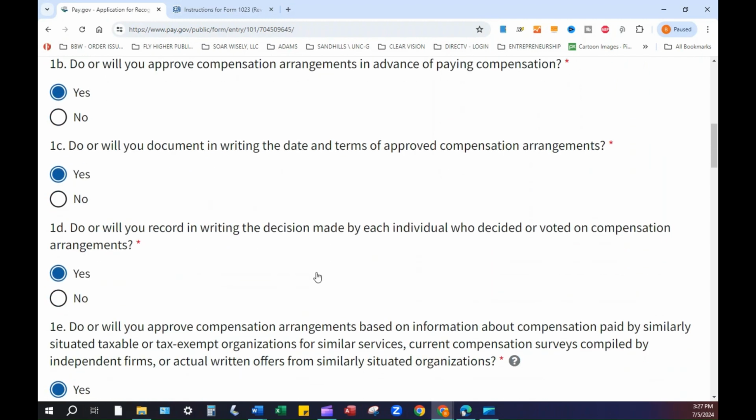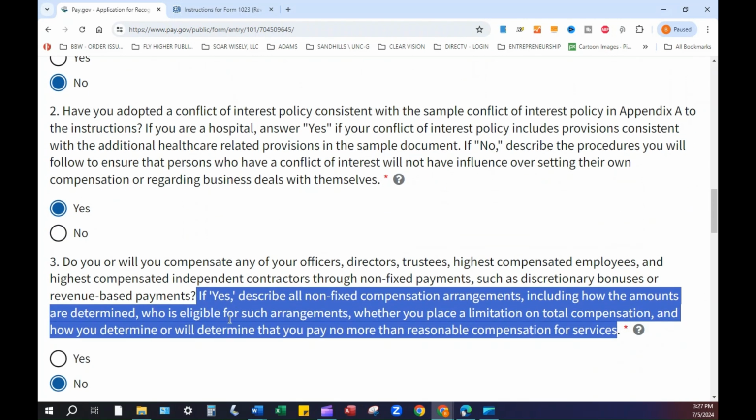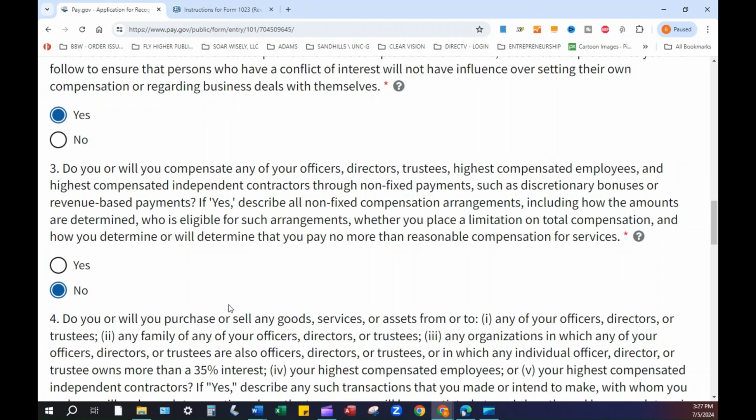I personally do not recommend that you select yes in this section because, again, personally, I feel that a nonprofit should not issue out discretionary bonuses or revenue based payments. I don't think so. I believe that you certainly should get a salary to work with your nonprofit because I talked about it in the previous video.